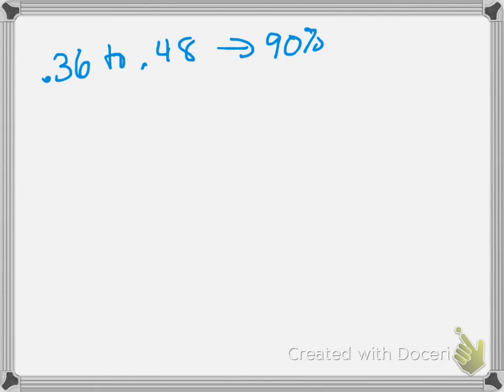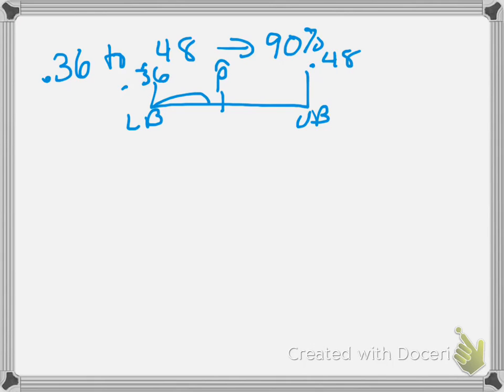Okay, let's do this. Here's my lower bound. Here's my upper bound. And this is 0.36. This is 0.48. Here is my p hat. Here's my margin of error.